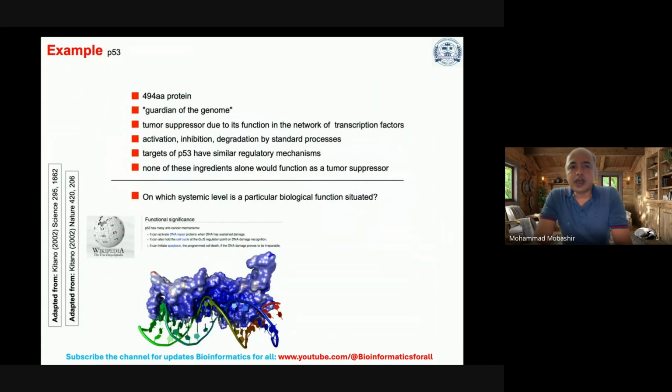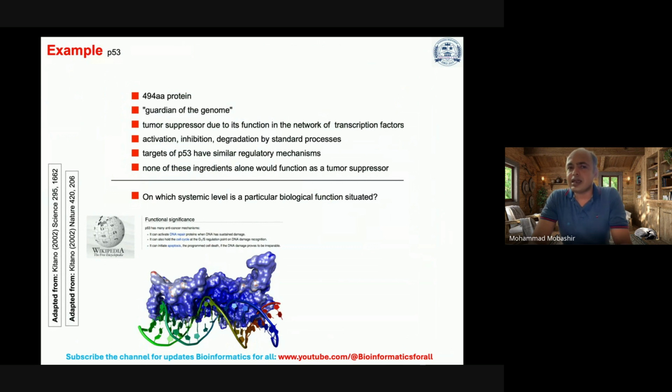Now you can go for another example, that is TP53. It is a 494 amino acid protein. It is called the guardian of the genome, a tumor suppressor, due to its function in the network of transcription factors: activation, inhibition, degradation by standard processes. Targets of P53 have similar regulatory mechanisms.